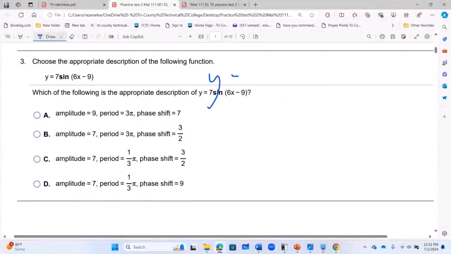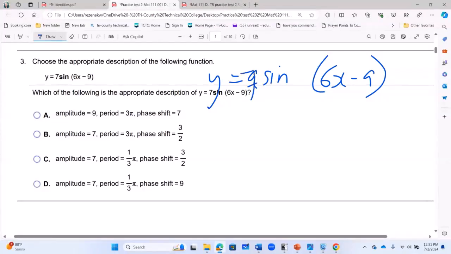So y is equal to amplitude times sine of b times, even if b is inside, but suppose it is like this. Let me just put it inside. Suppose it is 6x minus 9, and then you have 7 here.